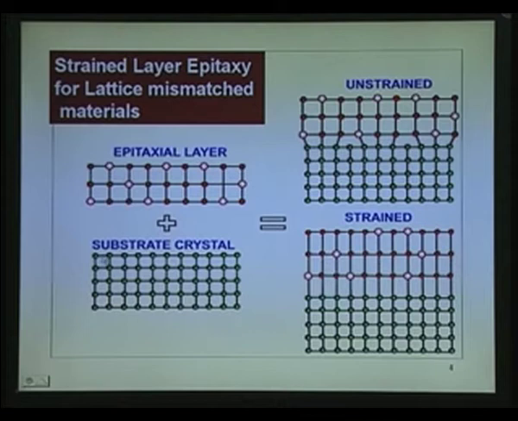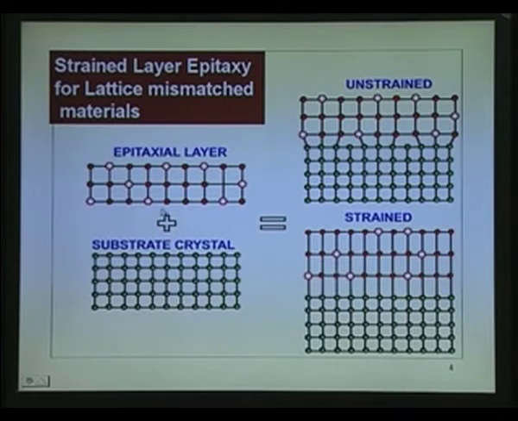If you count 1, 2, 3, 4, 5, 6, 7, 8, 9, 10, 11, here there are less number of those lattices. Okay. That is, spacing between the atoms is more. So, if this entire layer is grown on that, the tendency of this layer, for example, if it is gallium indium arsenide, is to take this structure. So, if you have to grow on this, there are two ways.